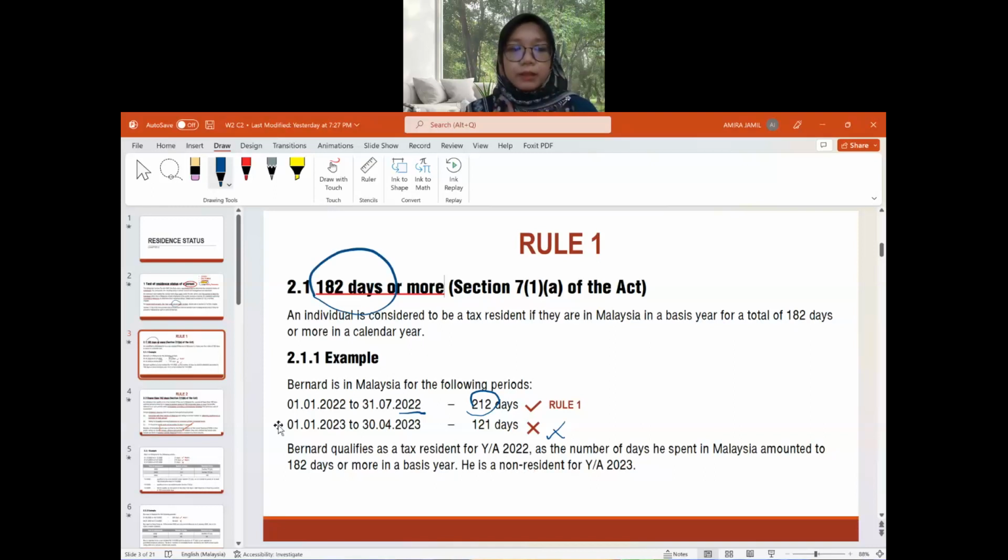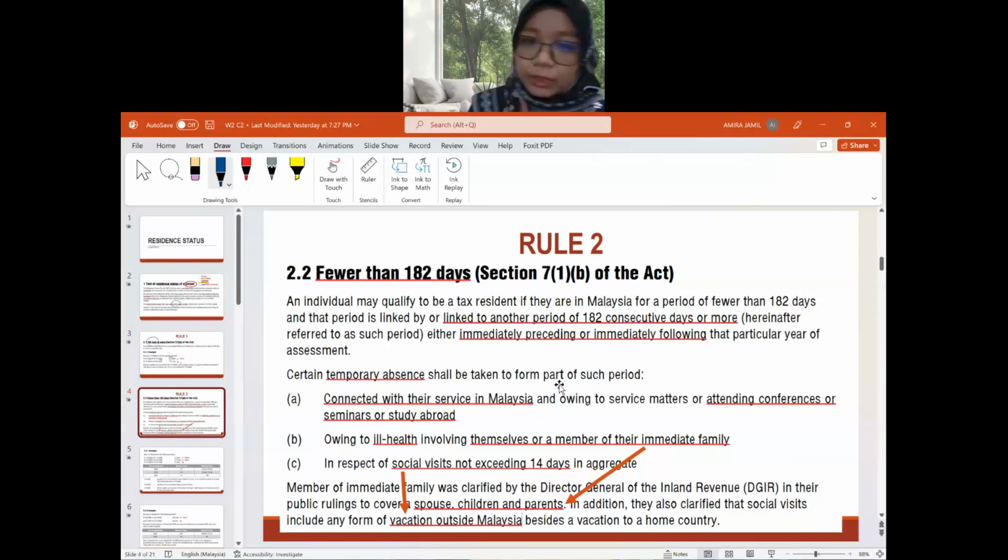And then the second rule is fewer than 182 days.